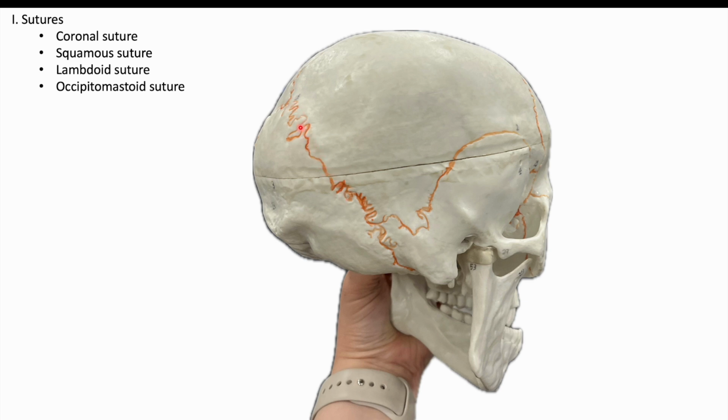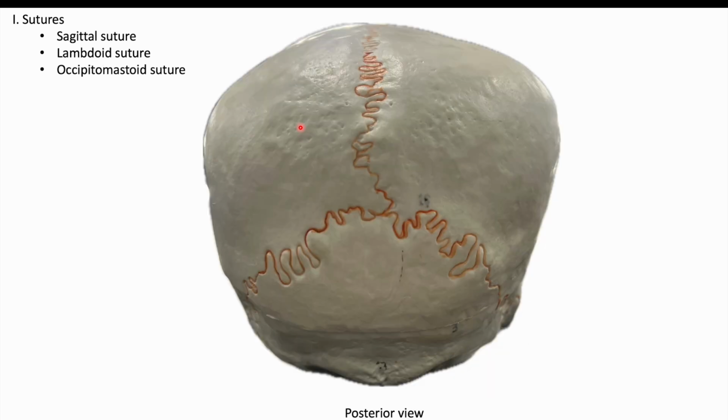And if I tilt the head all the way to the back, so now that we're looking at a posterior view, you can see the rhomboid suture in more detail here. So this is the rhomboid suture. You can see the edge of the occipital mastoid suture, and right here would be the sagittal suture. So the sagittal suture is something we haven't seen yet.